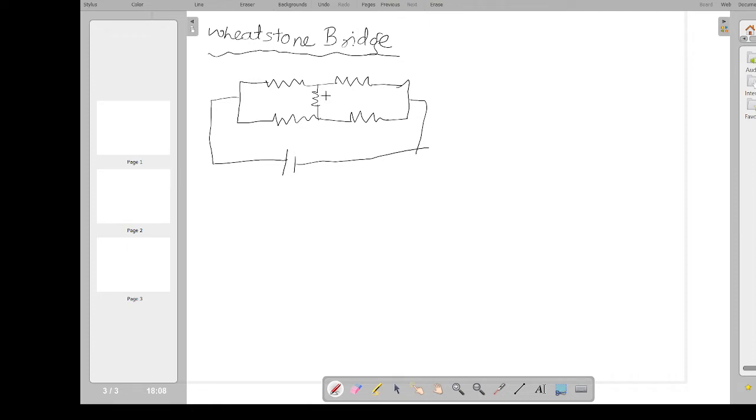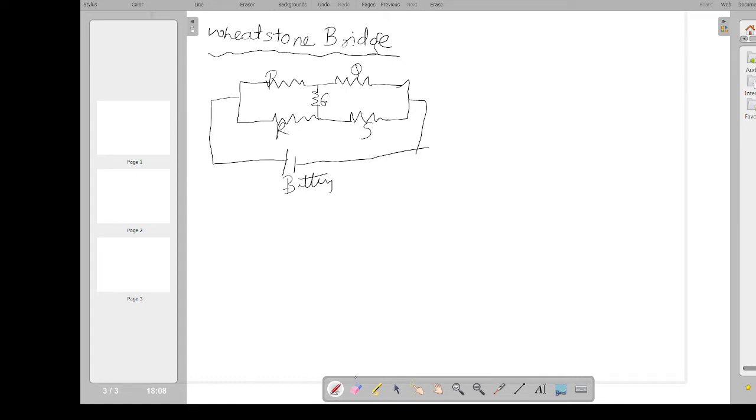That is the galvanometer resistor. This is a battery supply to this Wheatstone bridge. So these are the four resistors. We can call them P, Q, R and S.